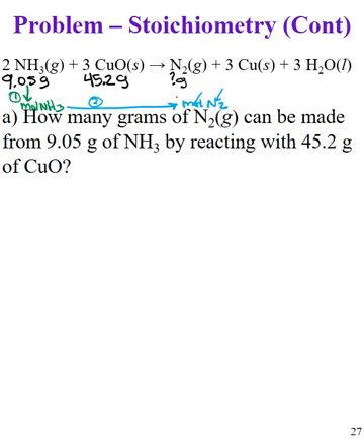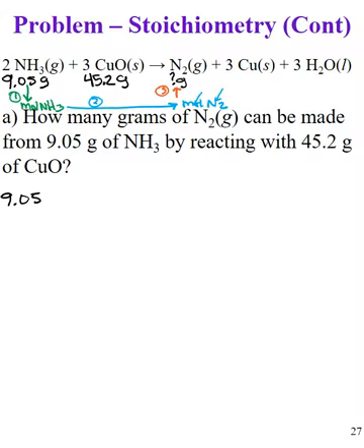And then the third thing is to convert moles of N2 into grams of N2. So that is just one part of the problem. We also have to do the exact same thing for our 45.2 grams. Okay, so let's work on it.